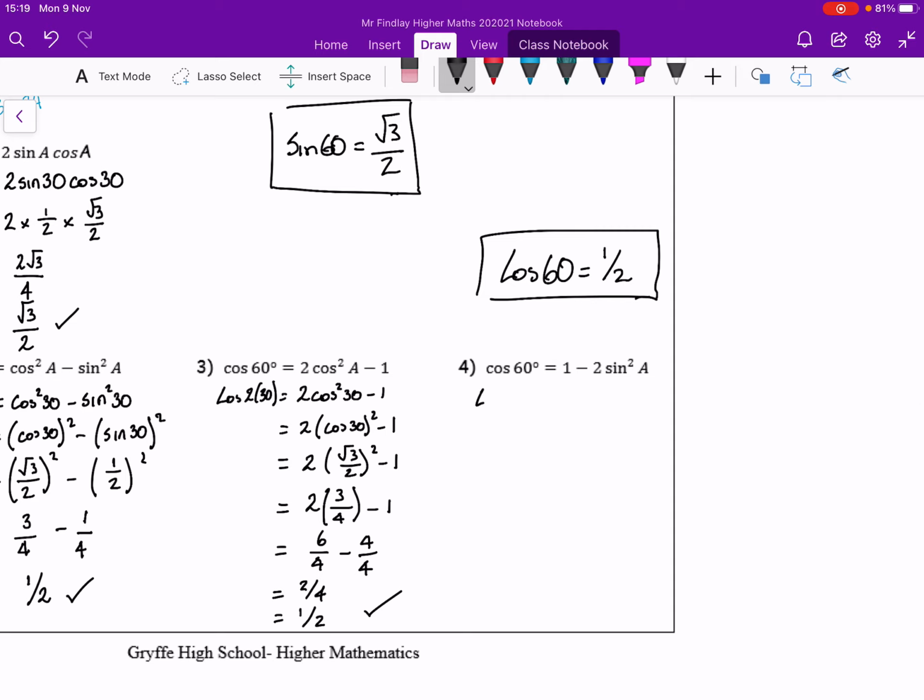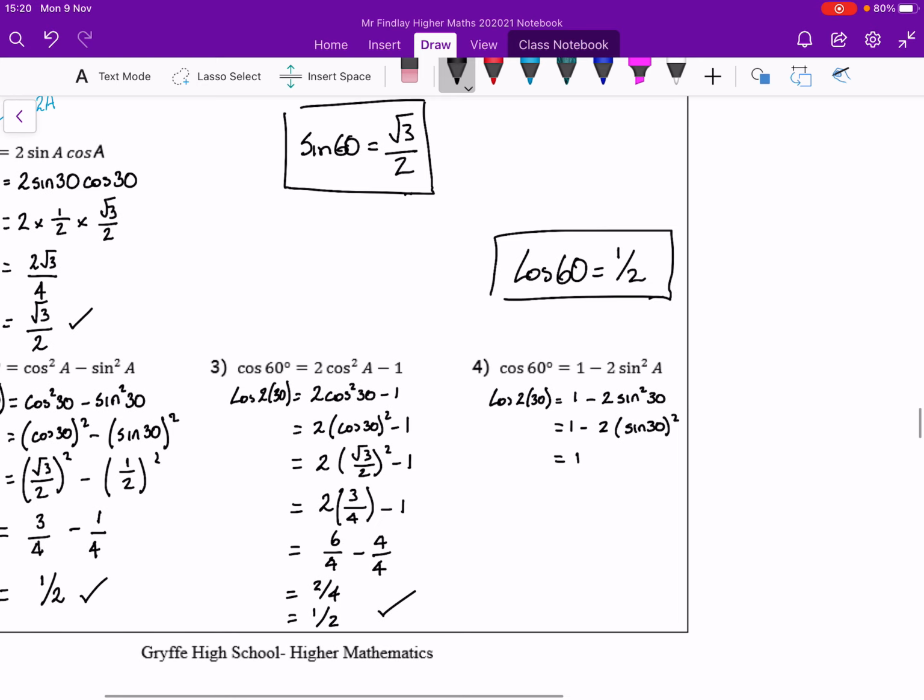And finally, cos of 2 lots of 30 is our cos 2A, 1 minus 2 sin squared A. So 1 minus 2 lots of sin 30 squared. 1 minus 2 lots of a half squared, which is 2 lots of a quarter. 1 minus 2 over 4. 1 minus a half, which is again a half.